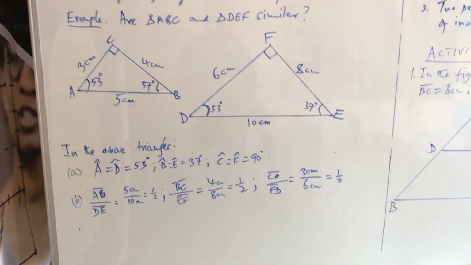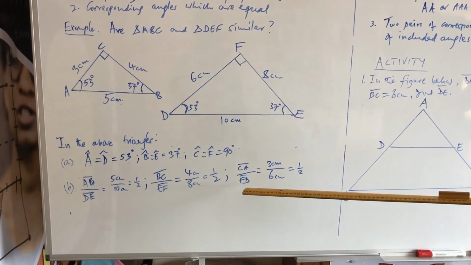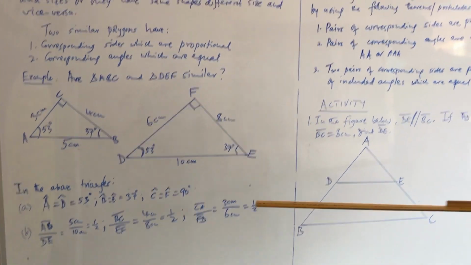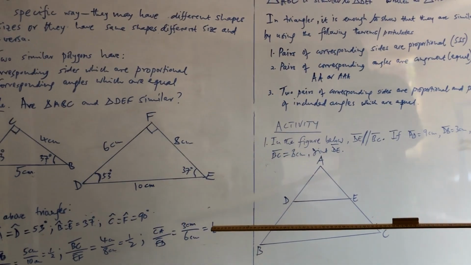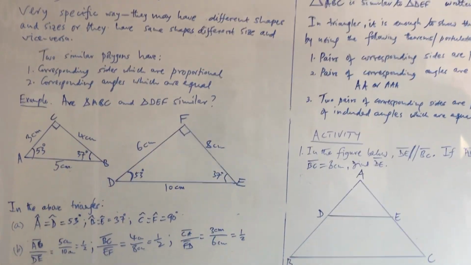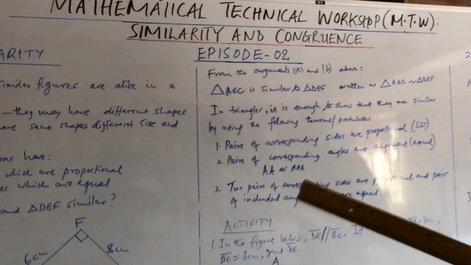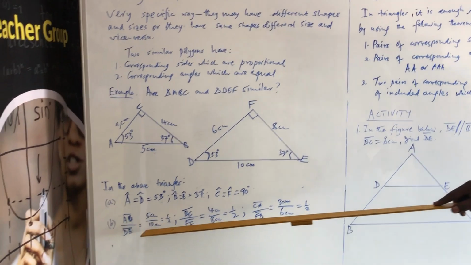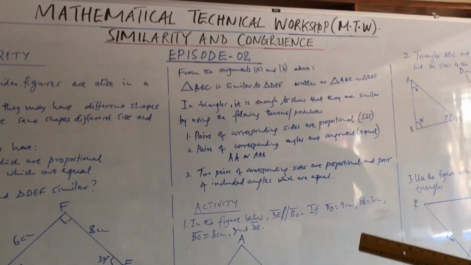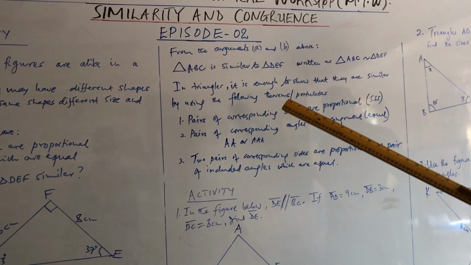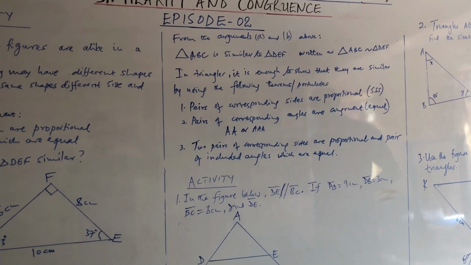And also, the ratio of CA to FD is equal to 3 centimeters divided by 6 centimeters, which also gives a half.